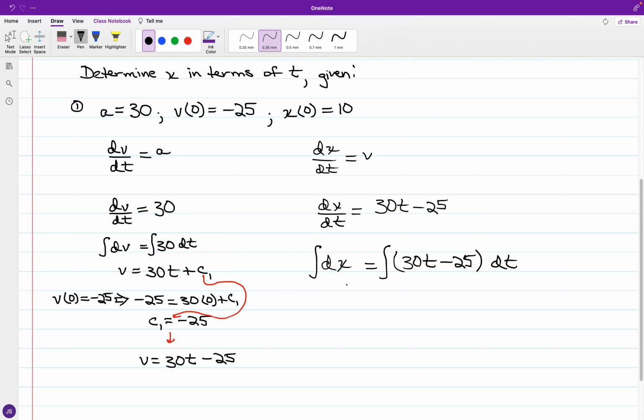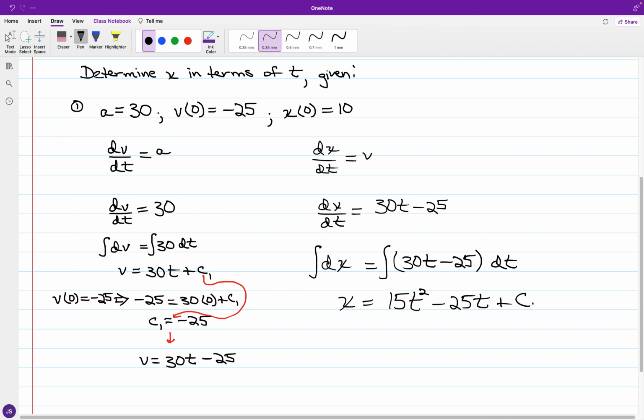Integrating over both sides, we have x is equal to, for the antiderivative of 30t, 15t squared, minus 25t, plus c sub 2. Solving for the second constant, we have information at hand with x naught equal to 10.